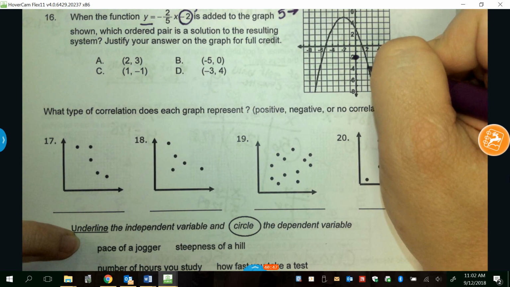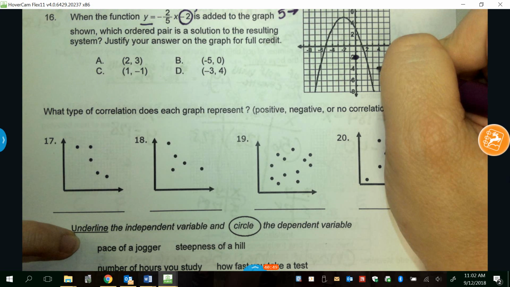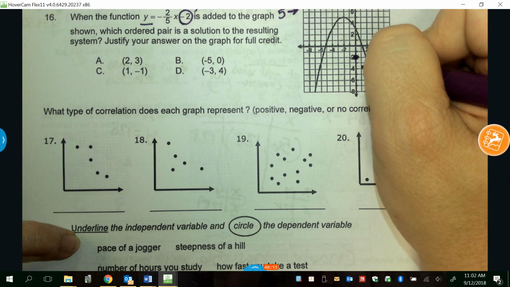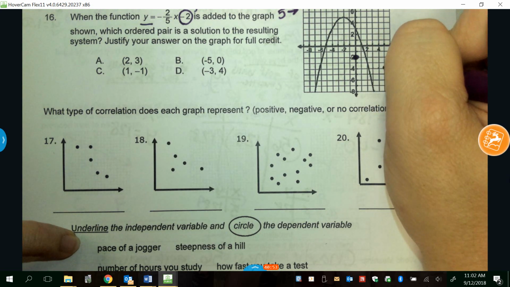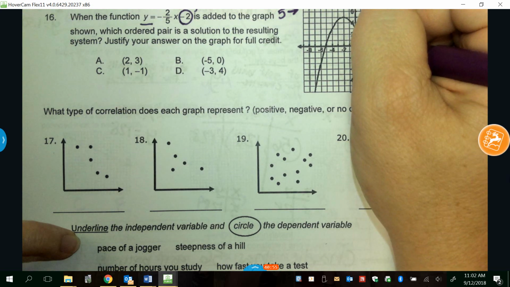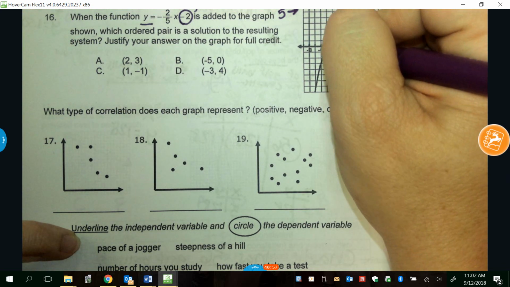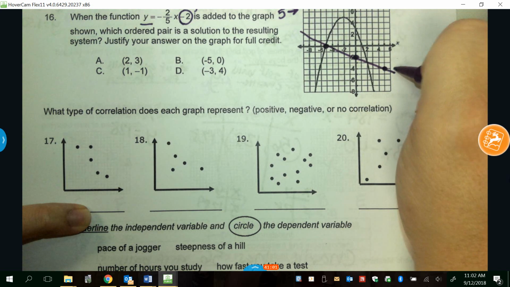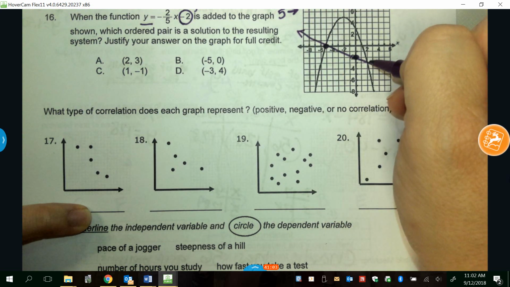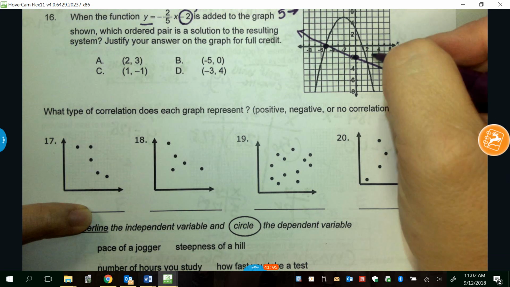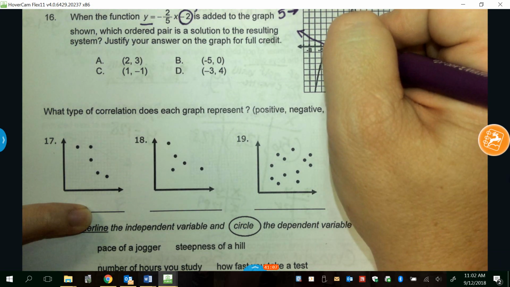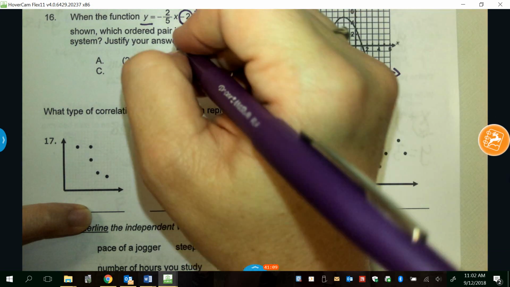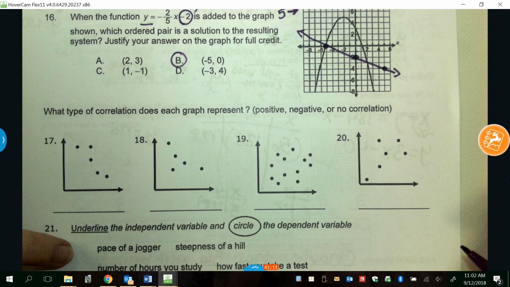Down 1, 2, right 1, 2, 3, 4, 5. Or I can go up 2 and left 5. So it touches somewhere over here, but it's not a pretty point. But here it touches at negative 5, 0. So there's my answer.